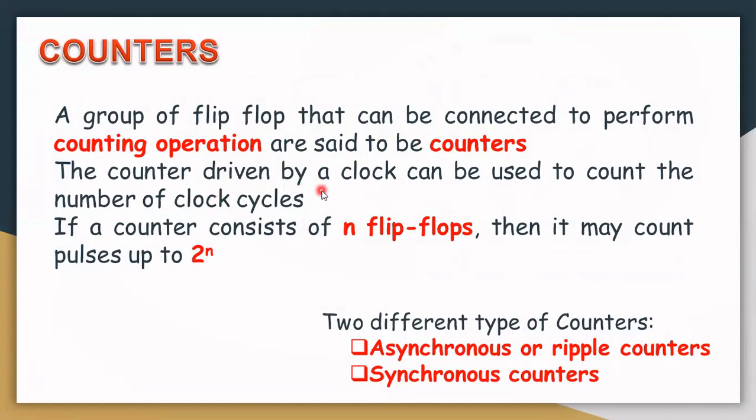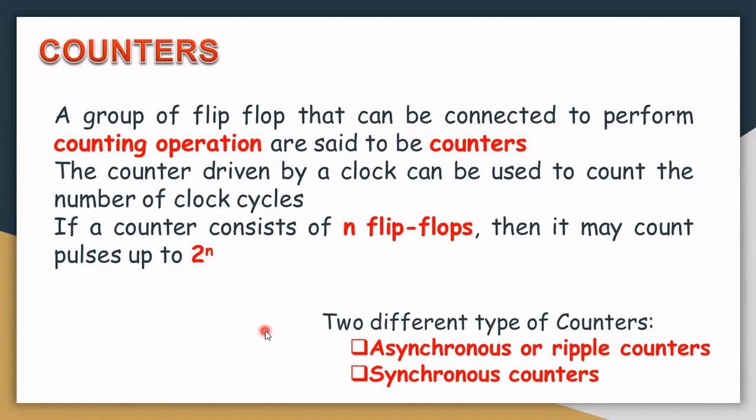The counters driven by a clock can be used to count the number of clock cycles. So, we are using each clock pulse to count. If a counter consists of n flip-flops, then it may count pulses up to 2 raised to n.